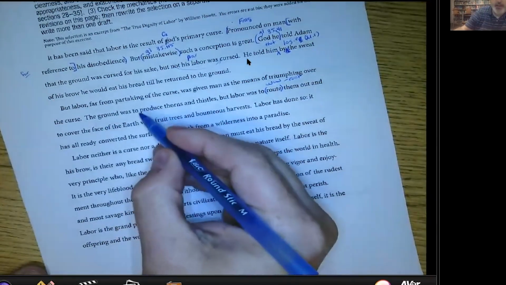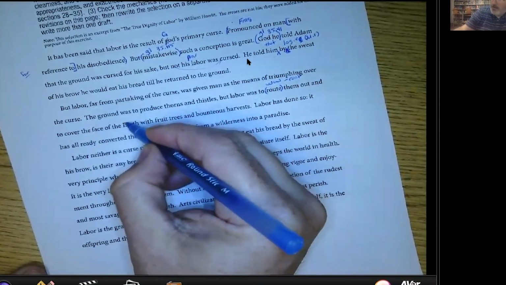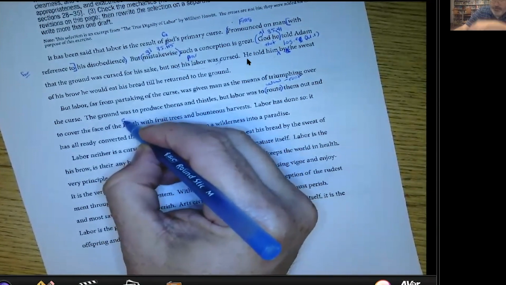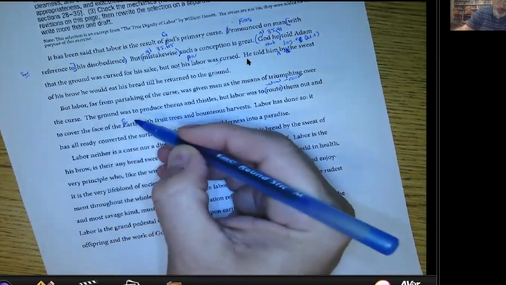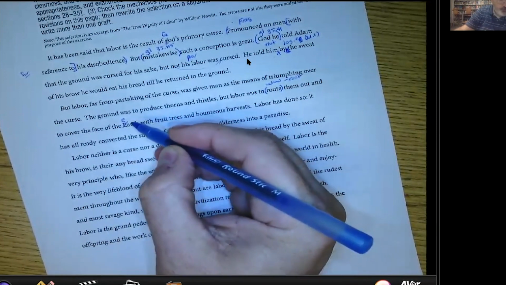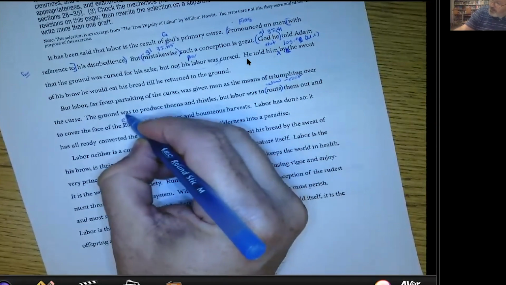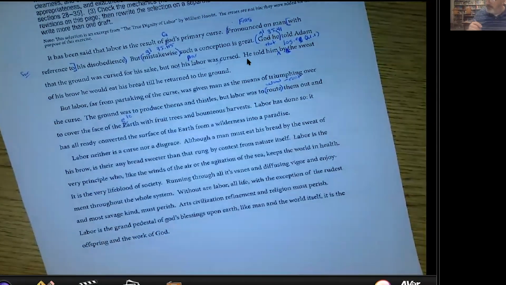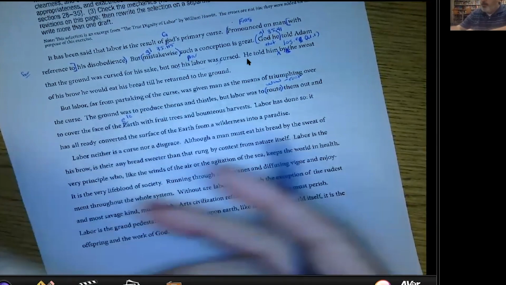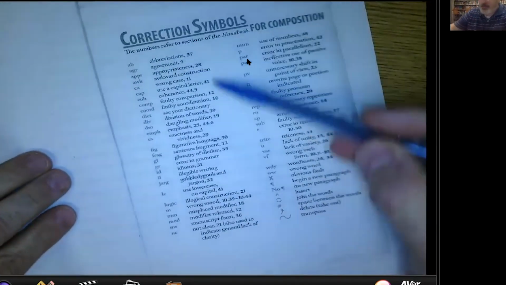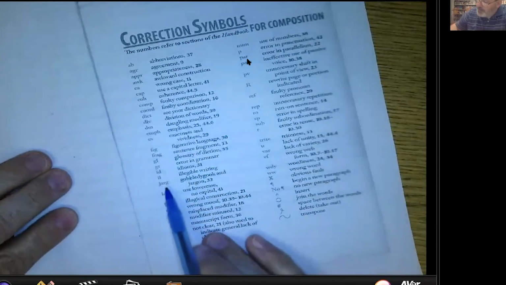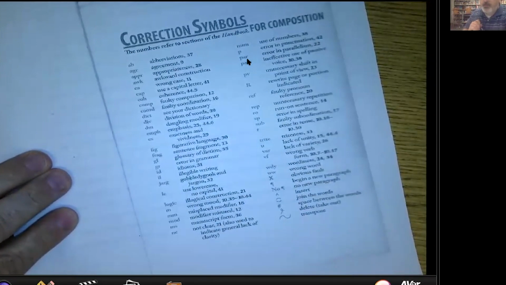And then here we've got earth should be lowercase, right? So that's lowercase. I shouldn't have written it either. It's just LC for lowercase. And again, I'm going back to this correction symbols sheet here. So LC means use lowercase, not capital.